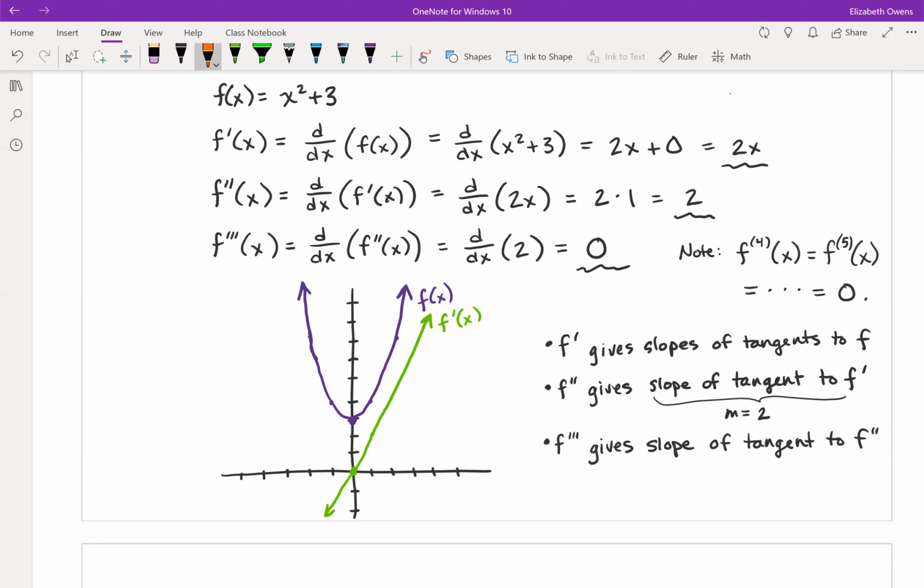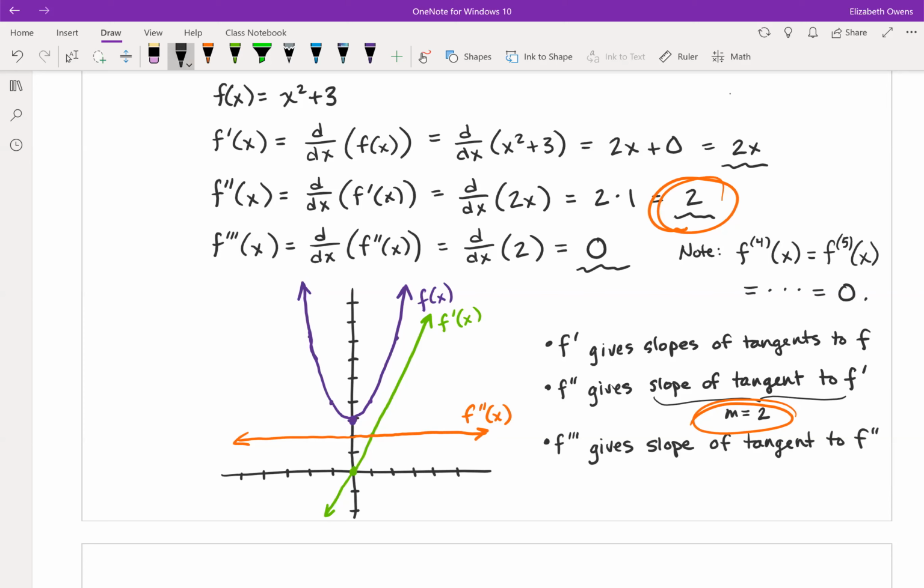Okay, f double prime is 2, and that is the slope of the tangent to f prime. So our slope anywhere along that f prime line is just a slope of 2, and that's why f double prime is this constant function, f double prime of x there.